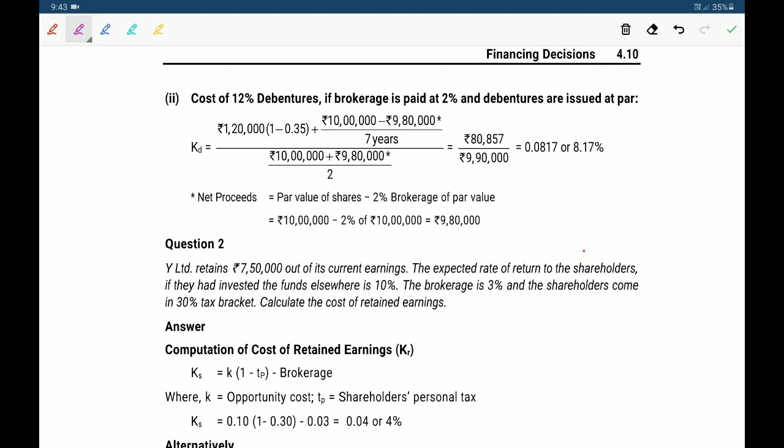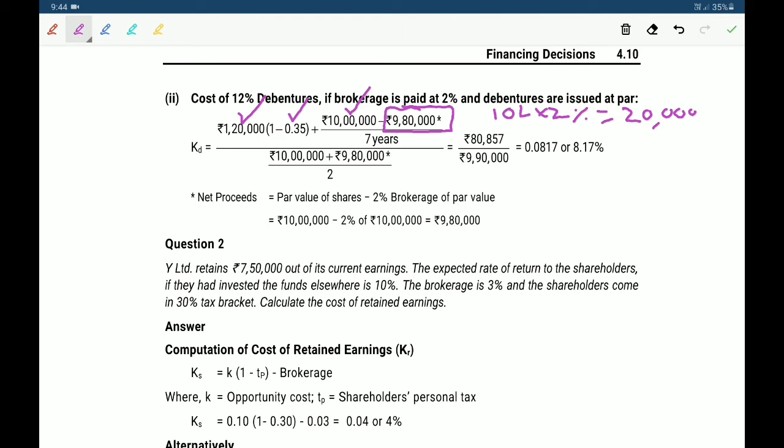So I, that means interest 1,20,000, into 1 minus taxation 0.35, redemption value 10 lakhs, no change. The only change occurs in the 2% brokerage. 10 lakh into 2%, how much? 20,000 is the brokerage, so we have to reduce 20,000 from 10 lakhs.